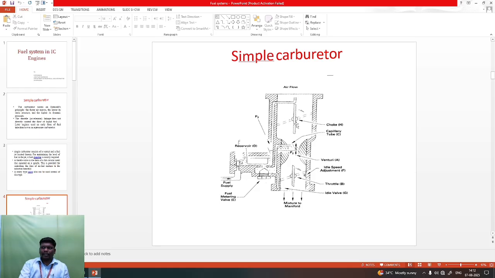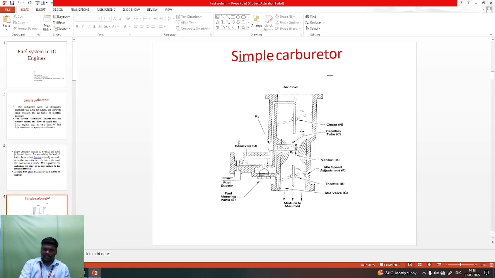The choke is used to increase the air into the venturi, because we need a high pressure to start the engine. So we use the choke valve. Initially, when the choke is off, the throttle will be fully closed.